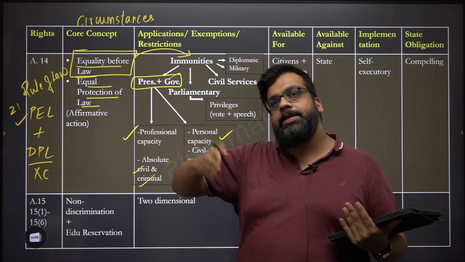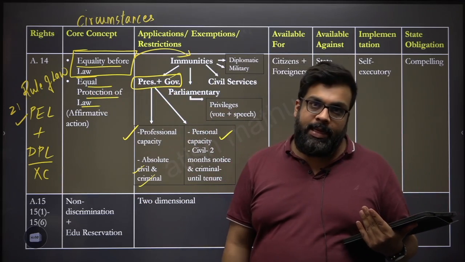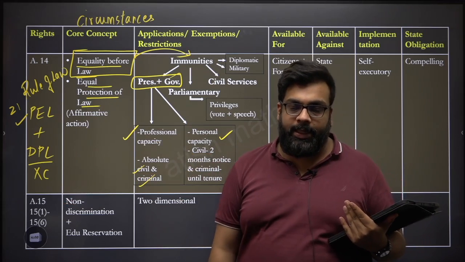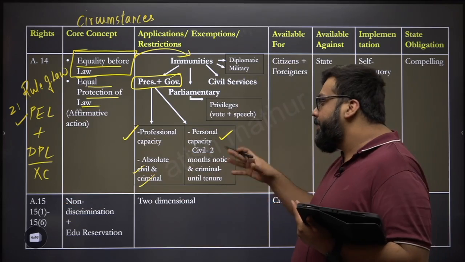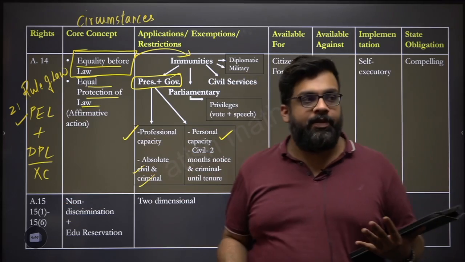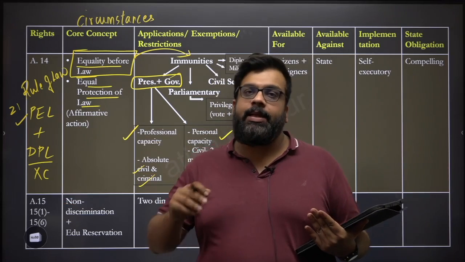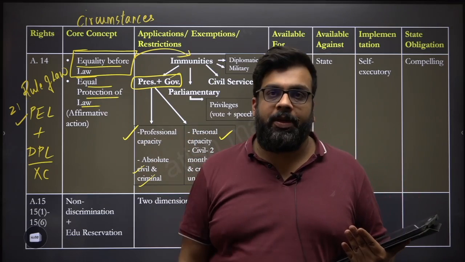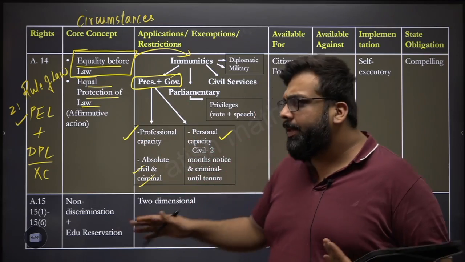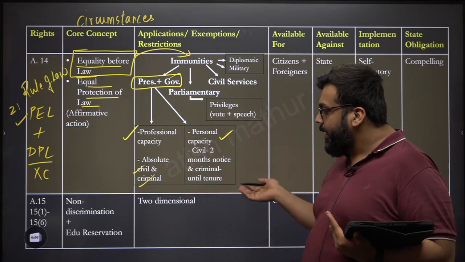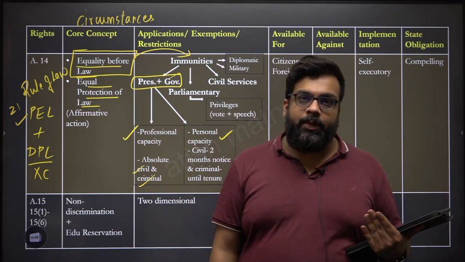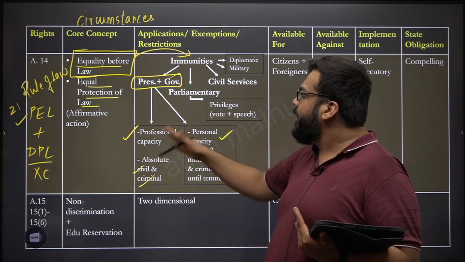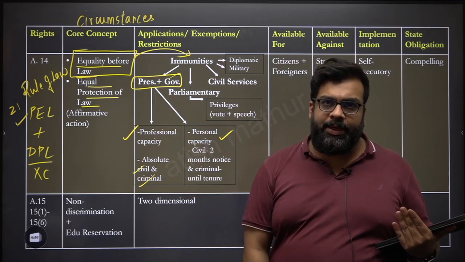The second your tenure as the president ends, then immediately criminal action will be undertaken against you, and there will be a relaxation on the statute of limitations, which basically says that there's a time bar on the reporting of a certain number of crimes, but that limitation is usually relaxed as it is read collectively with immunities. So as far as president and governor is concerned, these are the basic kind of immunities that you have.